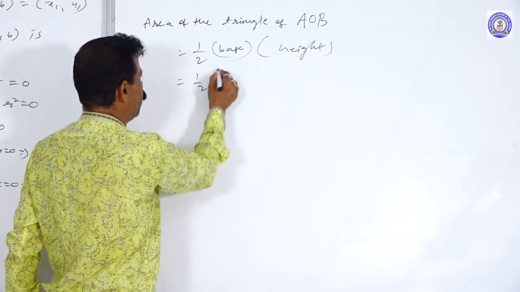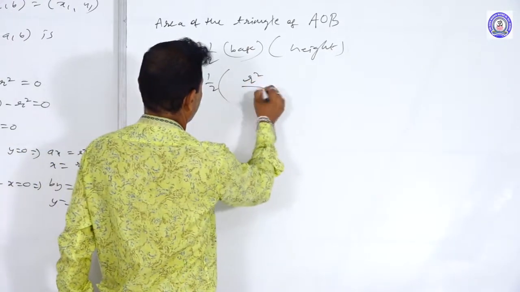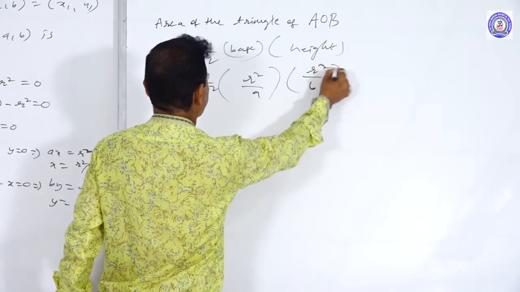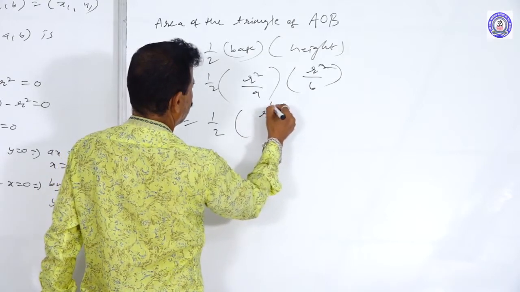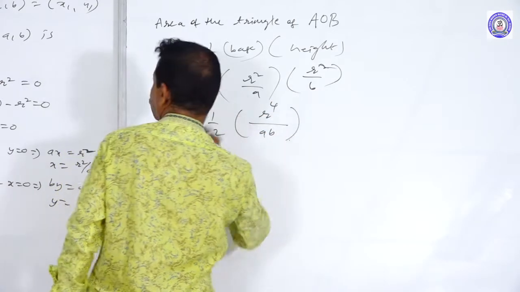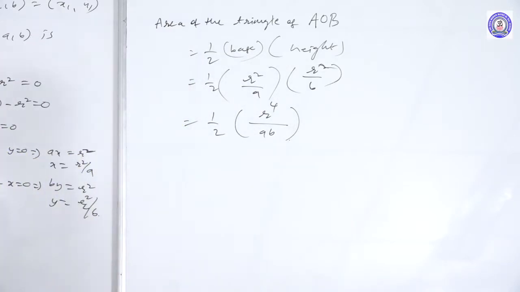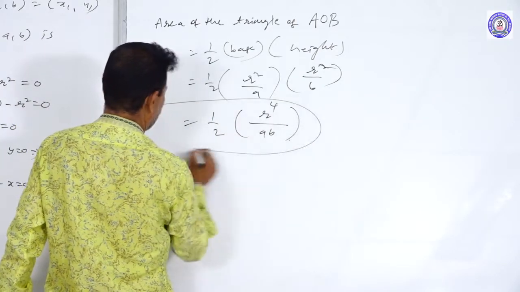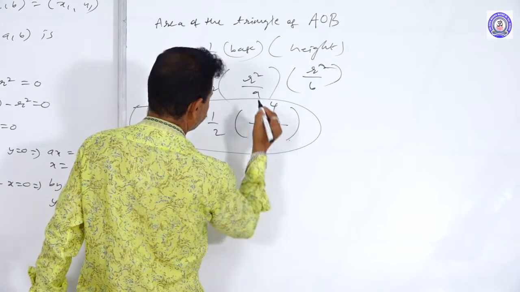So here base is r square by a, height is r square by b. So half into r square into r square, that is r to the 4 by ab. So the area of the triangle is equal to r to the 4 by 2ab. This is the answer.